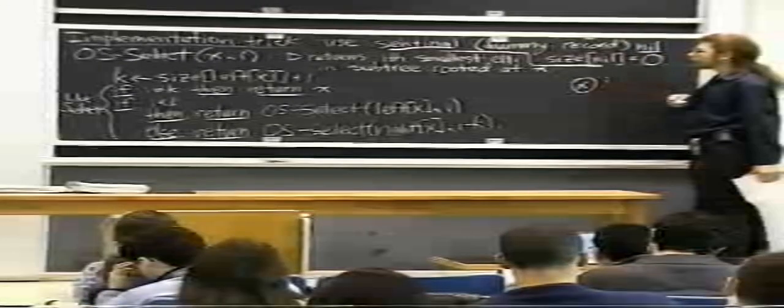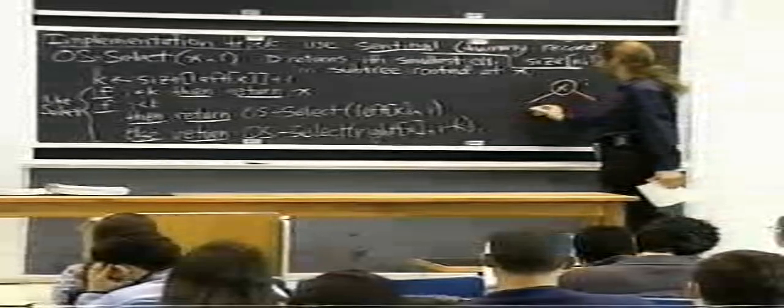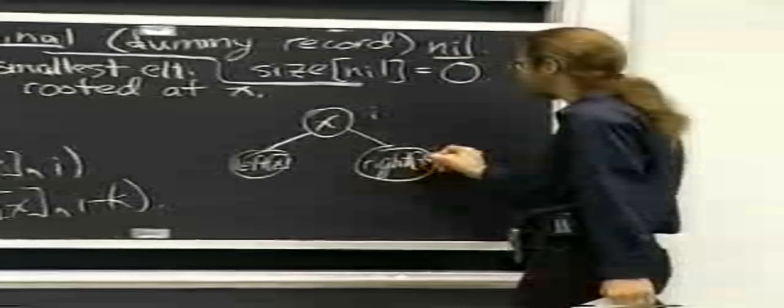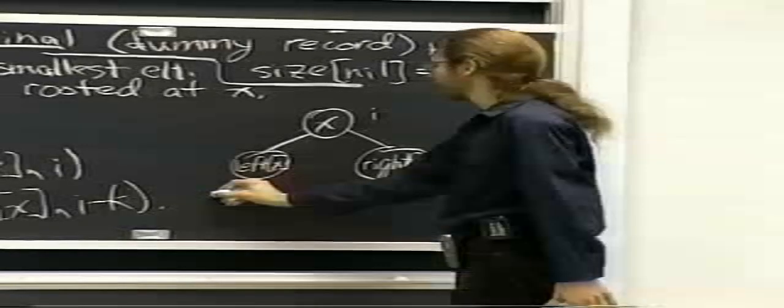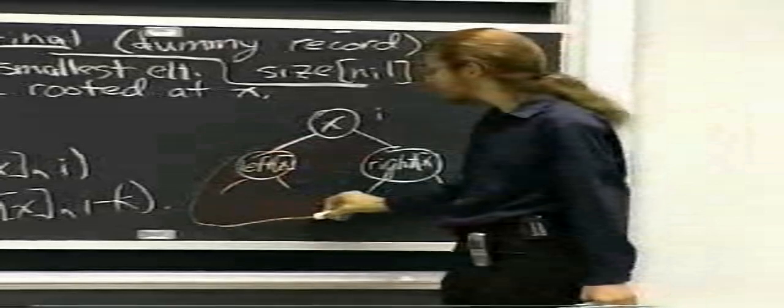So what's going on here? I have some node x, and I want to find the ith smallest element in the subtree rooted at x. Well, x has a left child and it has a right child, and we assume now that for every node we know its size. So I know how many nodes are off to this side.